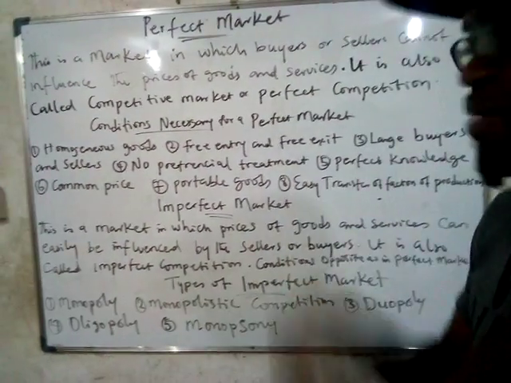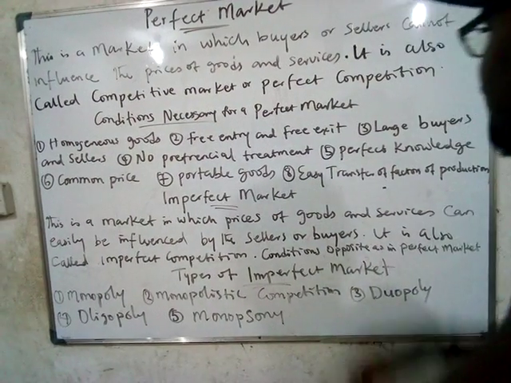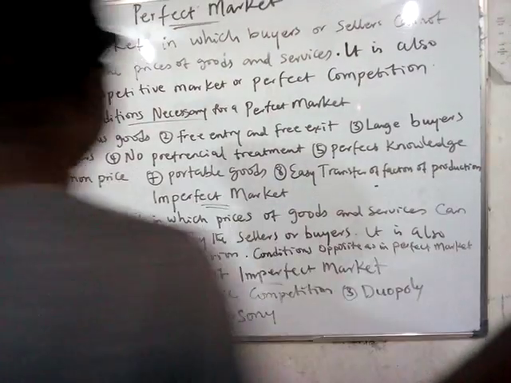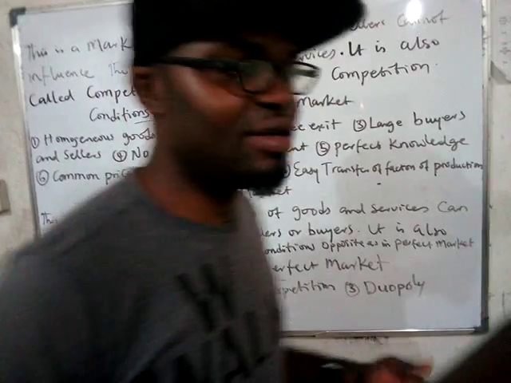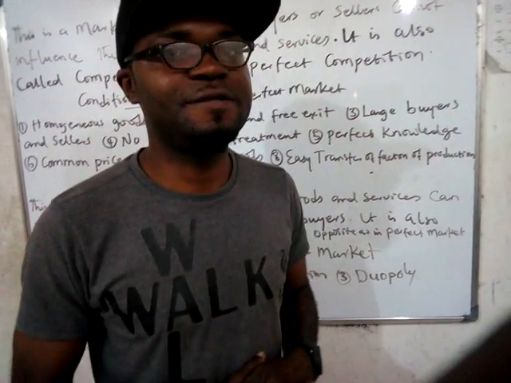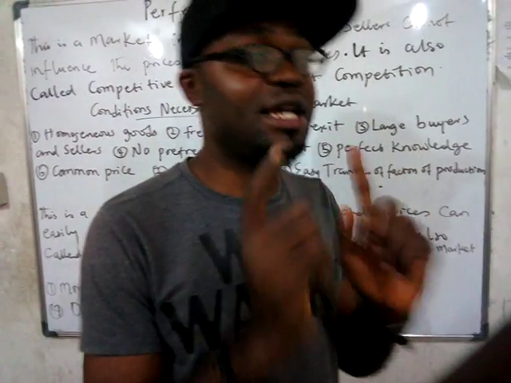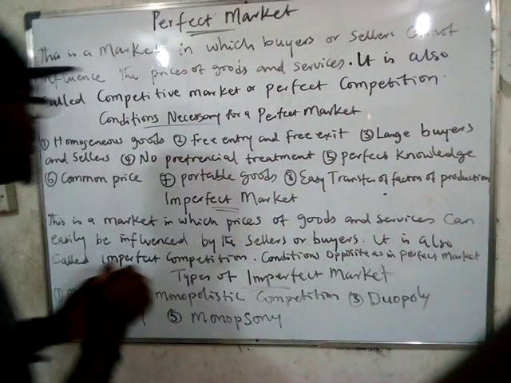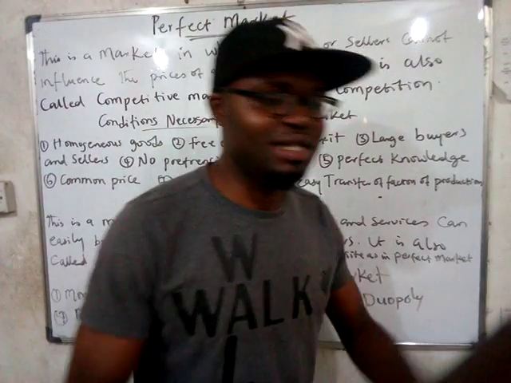Nobody will tell you that price must be this. No preferential treatment. If it's an open market, no preferential treatment. Perfect knowledge of the market. When people have perfect knowledge of the market, you cannot easily tell them that you must pay 10,000. Because they have knowledge, they will say, there is another place I know about that I can get it for 5,000. Common price, when the prices are the same, so nobody can fix the price.